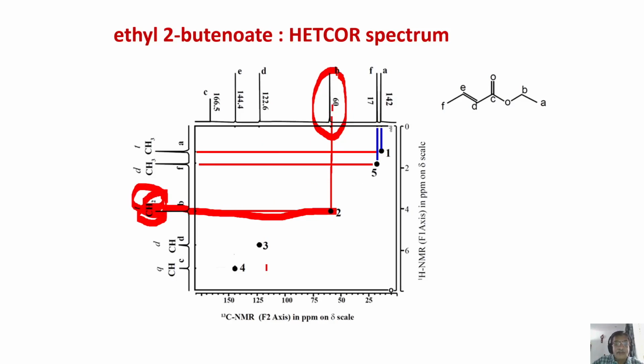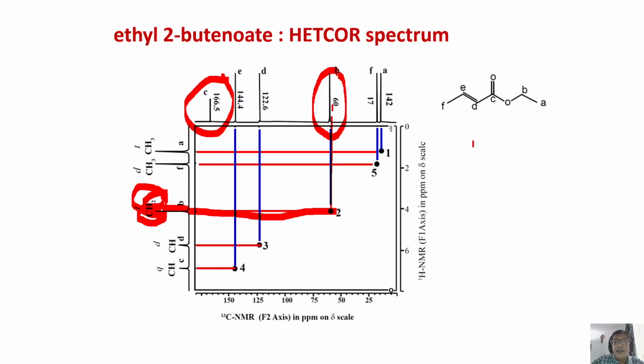You can see this, and this is for the CH carbon. This is the proton chemical shift and this is the carbon chemical shift. But if you see, there is one peak in the carbon spectrum, in the projection on the top, which has no correlation at all. There is no correlation to any proton.